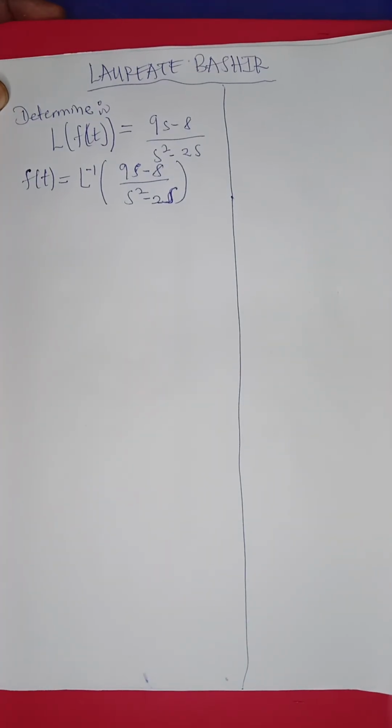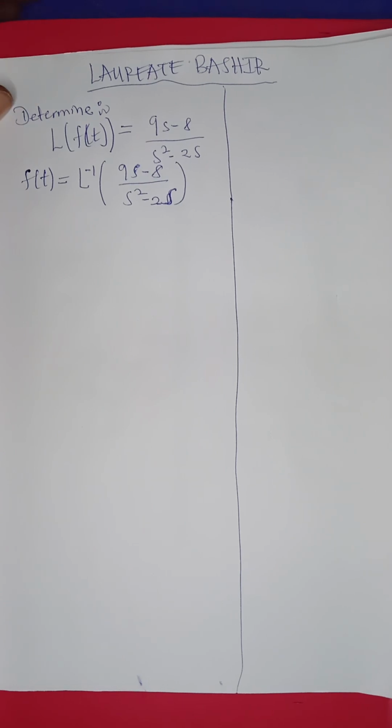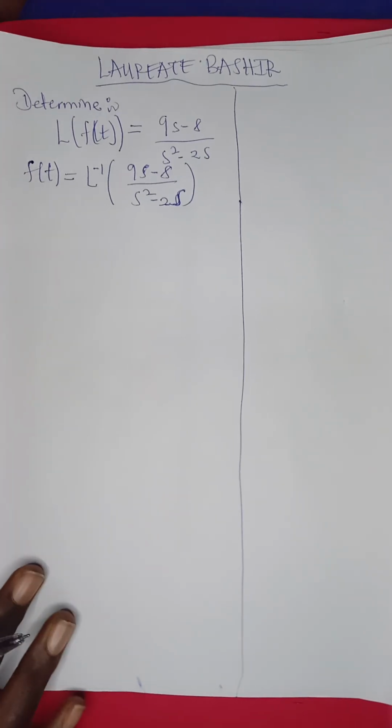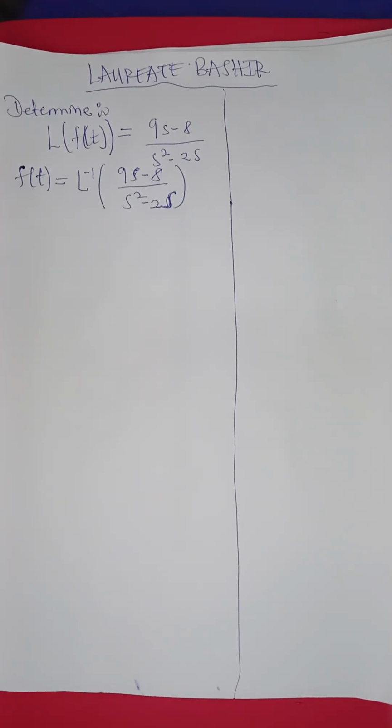You understand how it becomes Laplace inverse. From Laplace of f of t, since we are looking for the Laplace inverse, just make the Laplace of the formula inverse like that. So how do you now solve this?